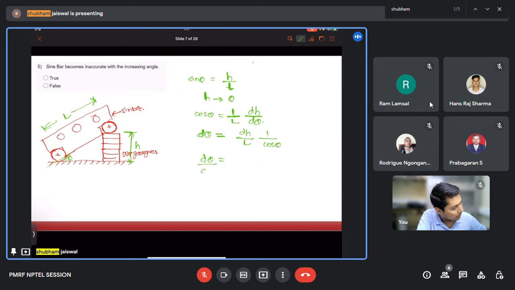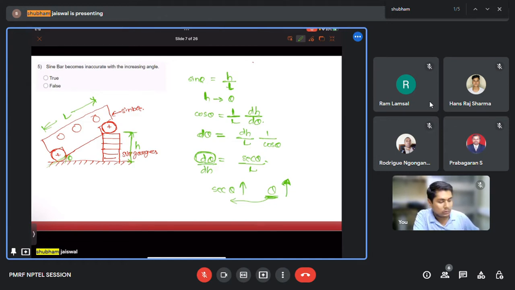So d theta by dH is nothing but sec theta upon L. The sec theta increases with increase in theta. So if theta is increasing, it results in an increase in sec theta, and that in turn results in an increase in the error or deviation of the angle that we are measuring. So what does it indicate? That the increase in theta reduces the accuracy, or it gives an inaccurate result.